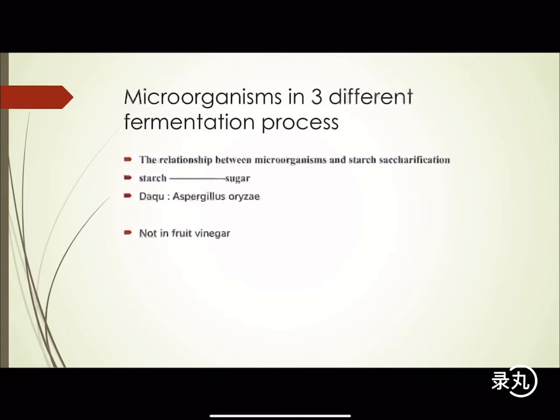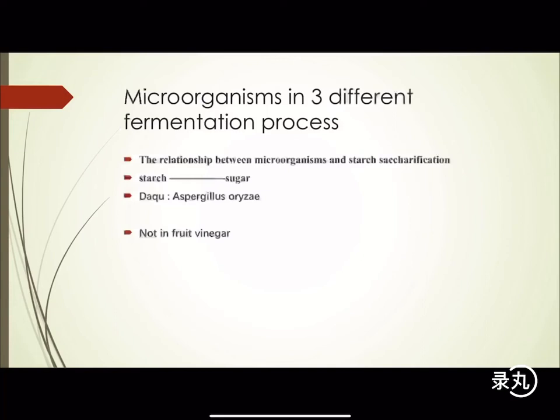The process of starch saccharification can be controlled according to different temperatures. In this stage, although not many types of microorganisms are involved and only a few molds participate, this stage is also very important. They determine the flavor and quality of the vinegar, because the raw material is very important.